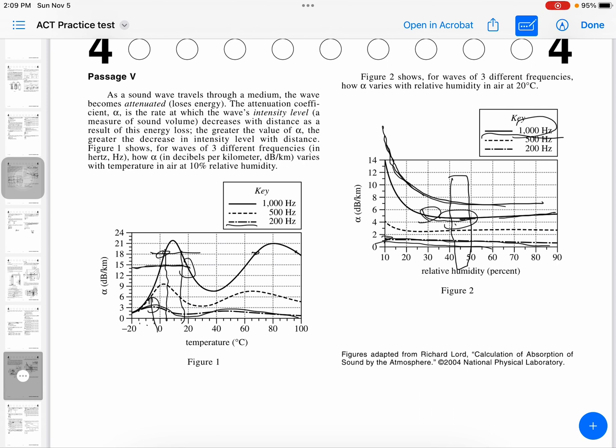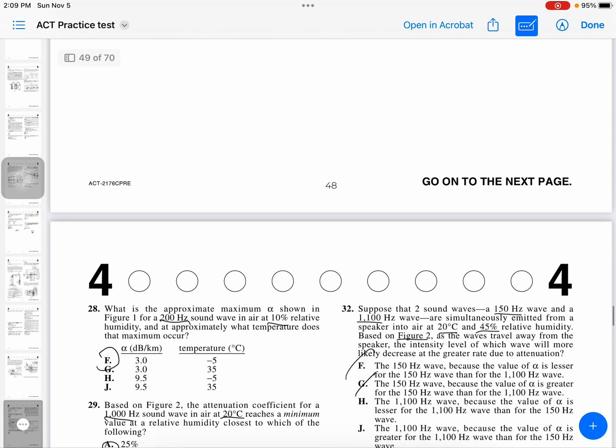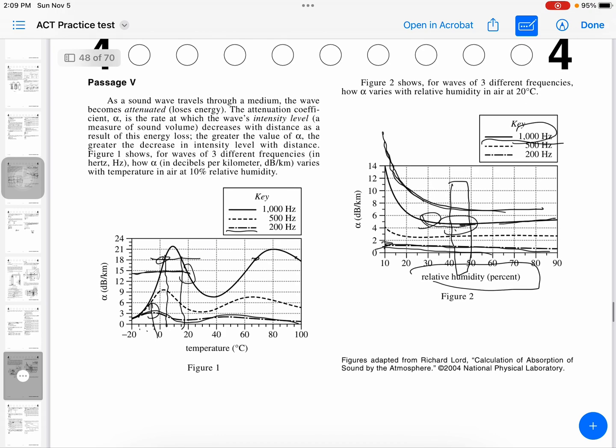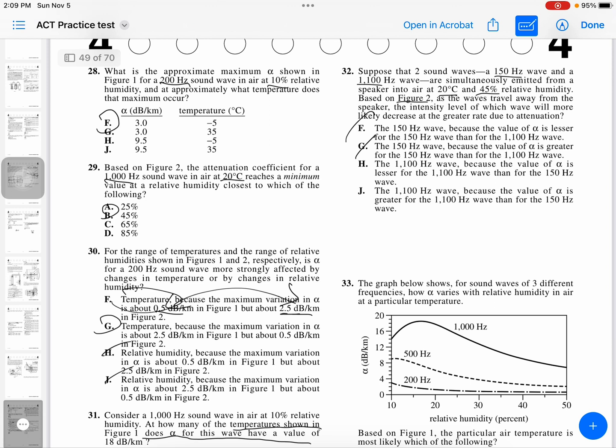And then as the relative humidity increases, it says it doesn't travel as far, which makes sense again because the treble experiences more impedance or something.